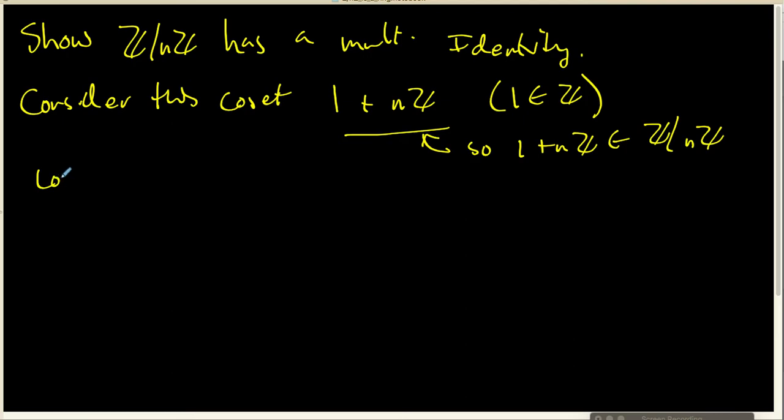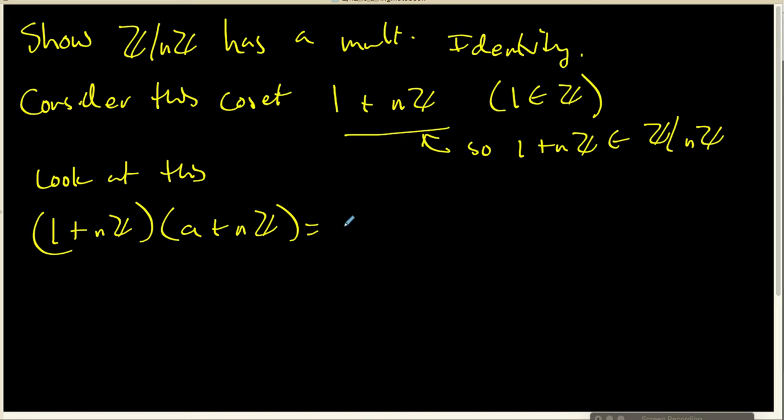Now look at this. If I look at 1 plus NZ and I multiply by A plus NZ, by the definition of coset multiplication, that's just going to be 1 times A plus NZ.